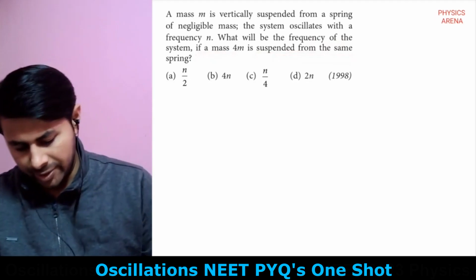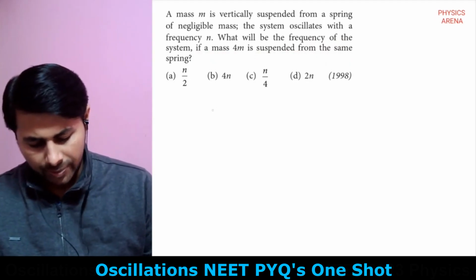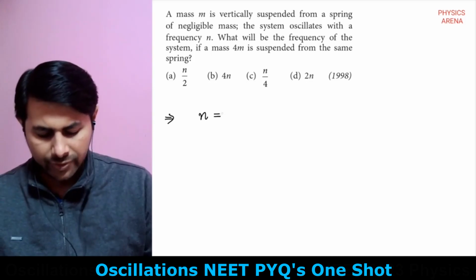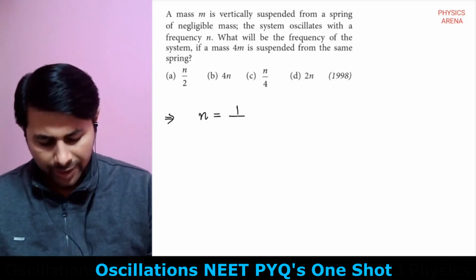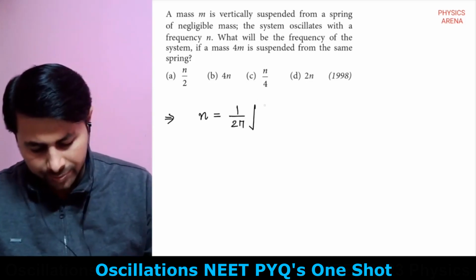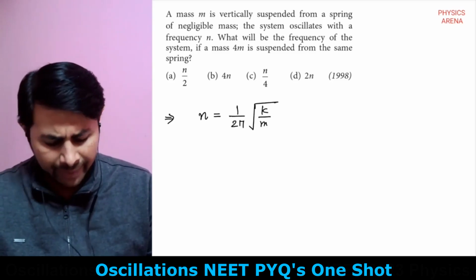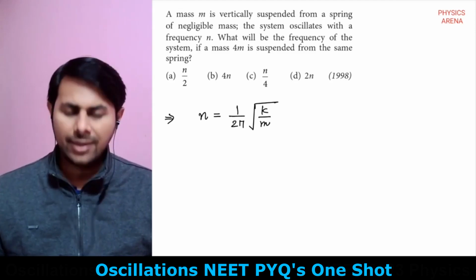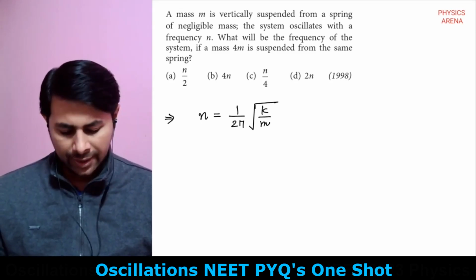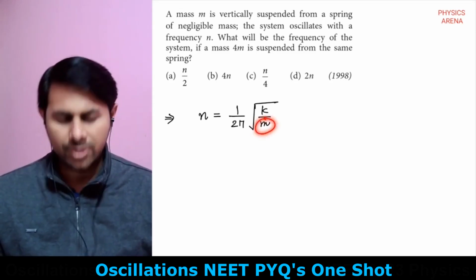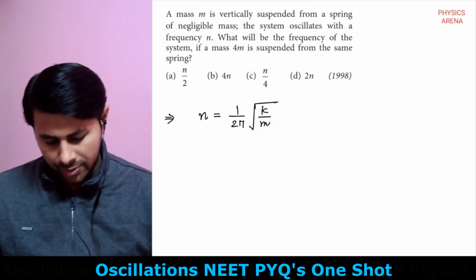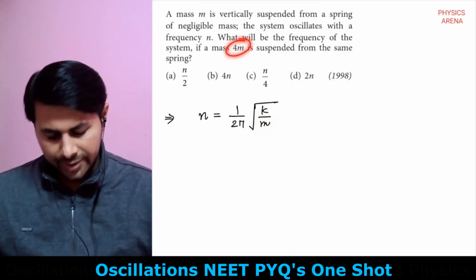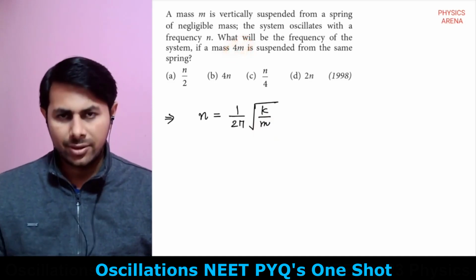Frequency n is equal to 1 upon 2 pi square root of k by m, inversely proportional to root of m. So if m is made 4 times, what will happen to the frequency?